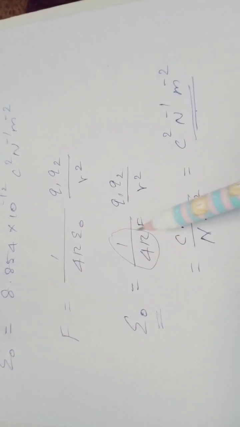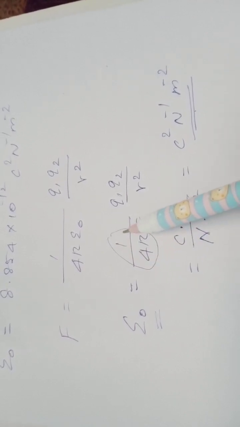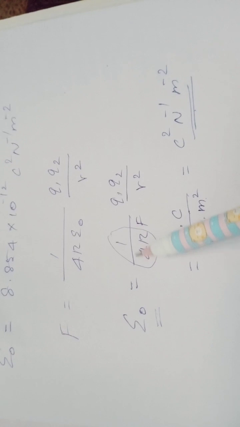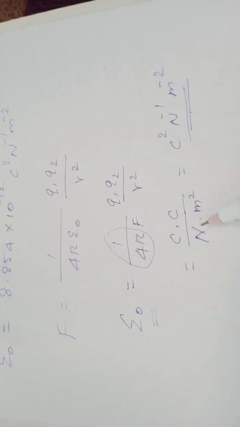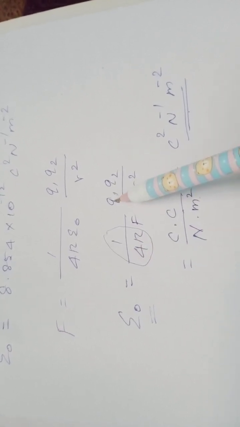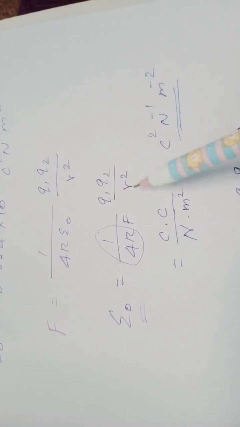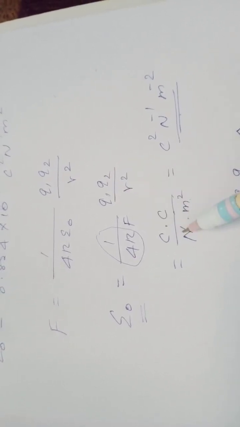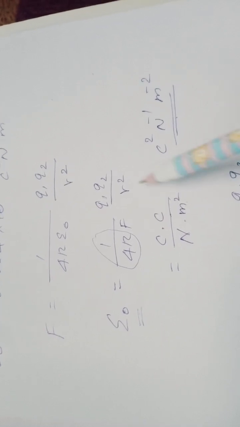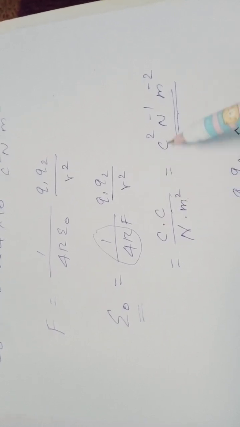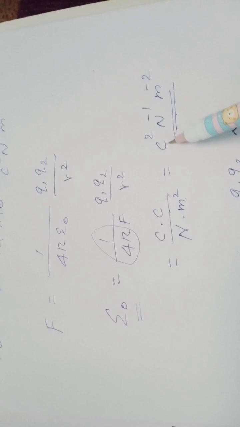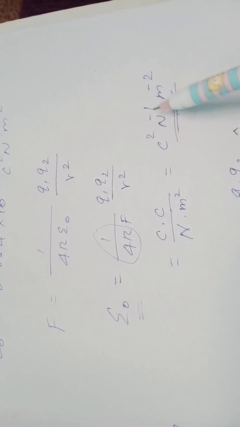Since 1 by 4 pi is a constant, we need not consider it while deriving the SI unit. So substitute the SI units of the remaining quantities: Coulomb for charges, Newton for force, meter square for R square. So the unit will be Coulomb square Newton power minus 1 meter power minus 2.